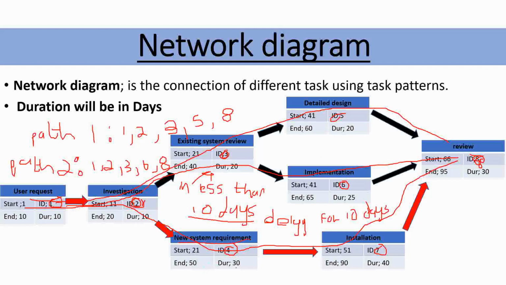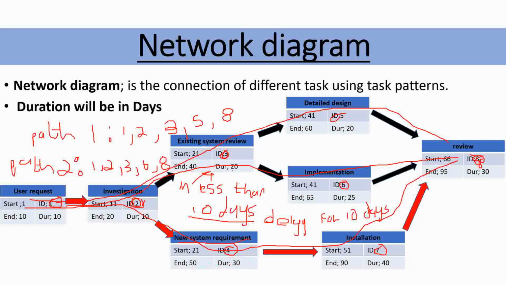It must be done within 30 days. I hope you understand, right? This one doesn't have a slack time. The existing system has a slack time because it will be done within 20 days. This one will be done within 30 days.